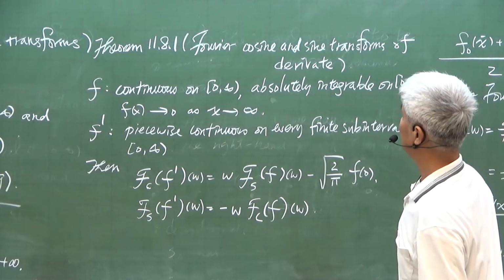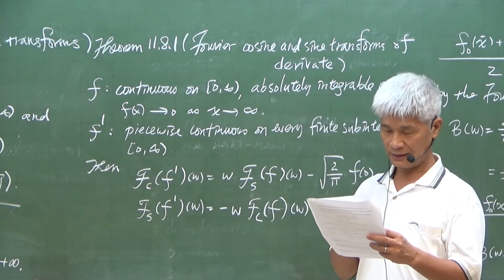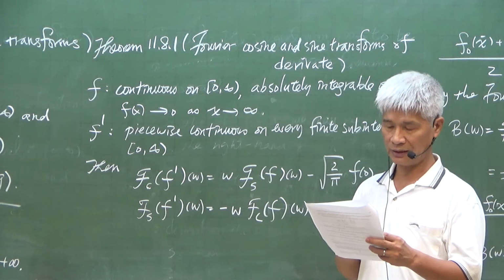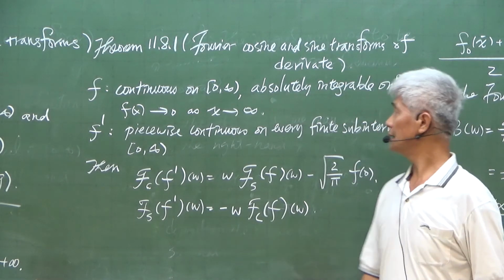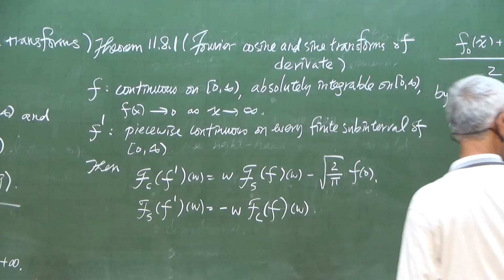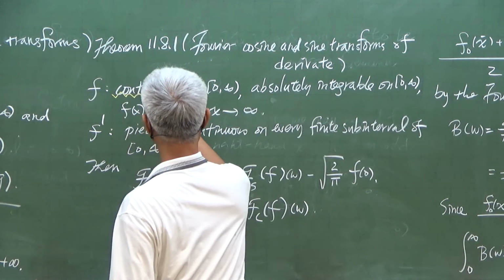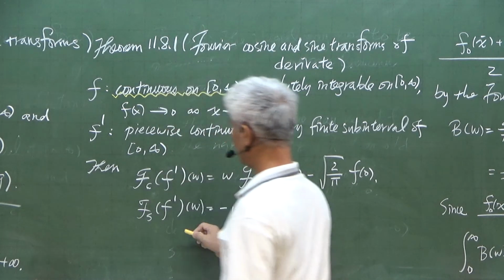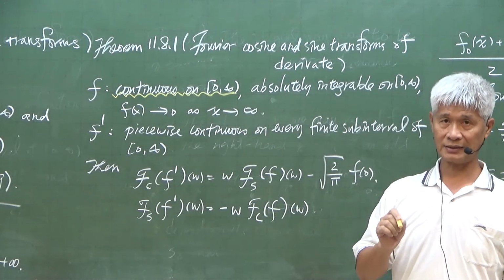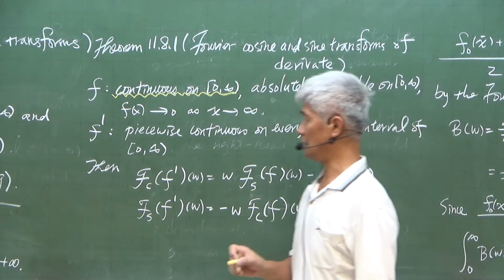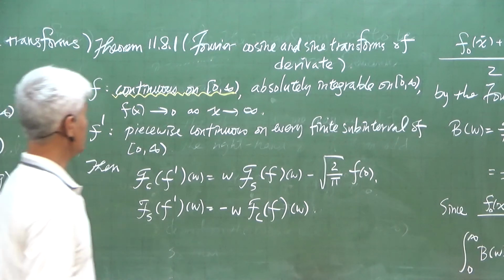I'm not going to prove this result because I write a much more detailed proof in my supplement. The important thing I have to highlight is that f should be continuous, because we are going to use integration by parts. We used that technique quite a few times in the Fourier series analysis, and here it's the same.